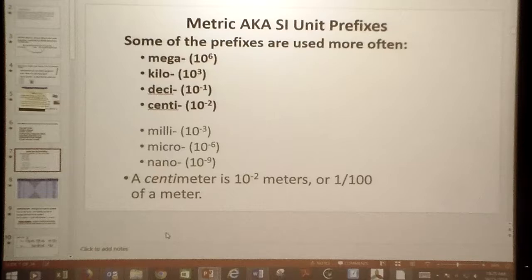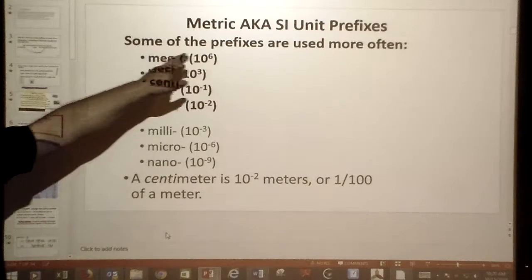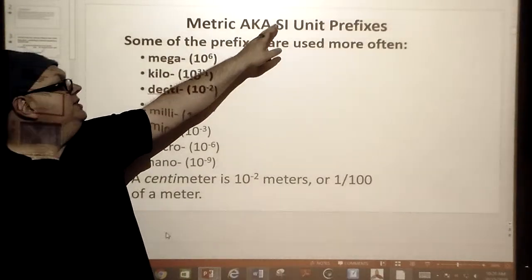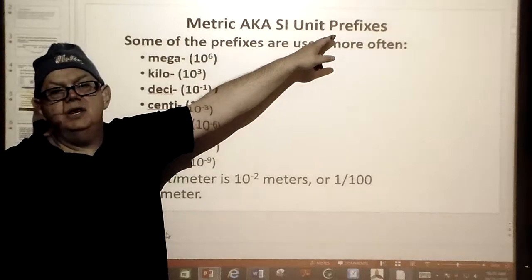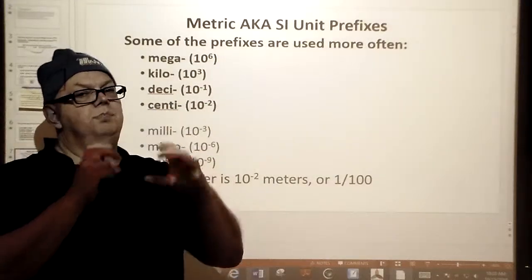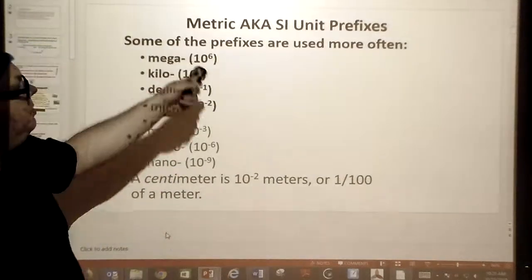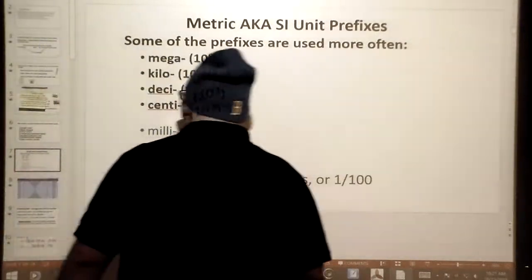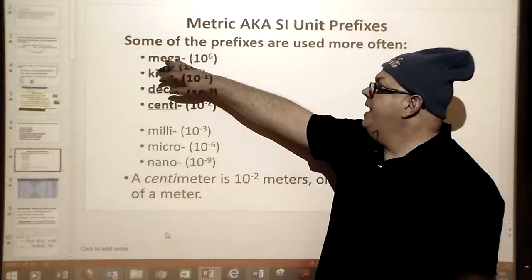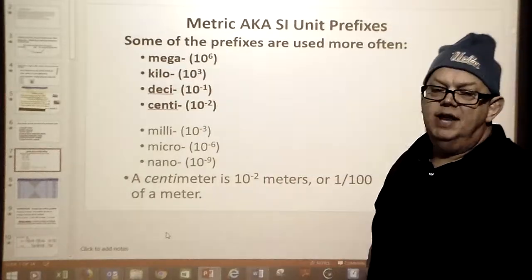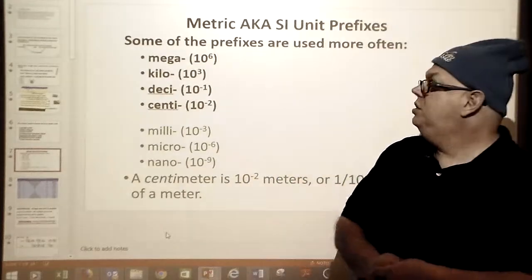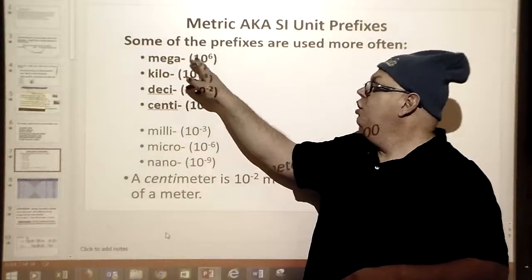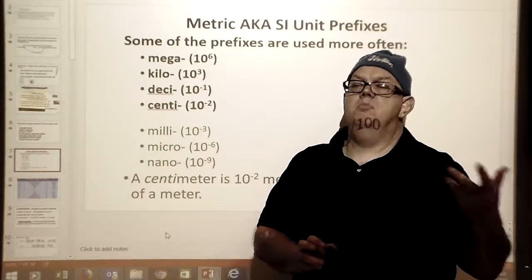So with that, we have the metric, aka meaning also known as the System International, unit prefixes. Now what are prefixes? That's what goes before a word. Some of the prefixes are used more often. Like mega is times 10 to the 6th. So when we say a megabyte in the computer, we're talking about 1 with 6 zeros after it, or a million.